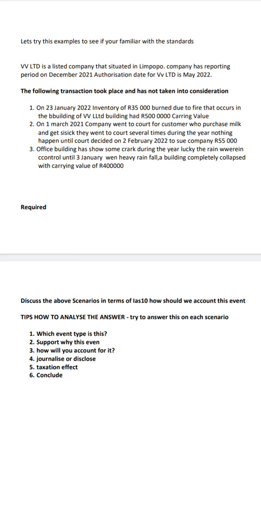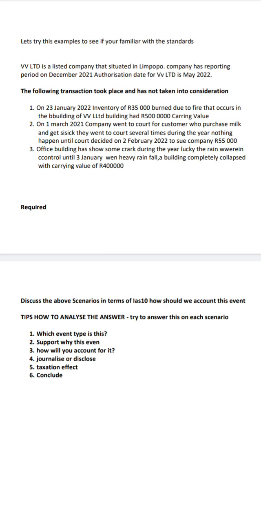Try to answer this on each scenario. Firstly, when you pick up an IAS 10 adjustment that needs a discussion, firstly, figure out which event this is. Number 2, support why you are saying this is an adjusting event or a non-adjusting event. Number 3, how will you account for it?